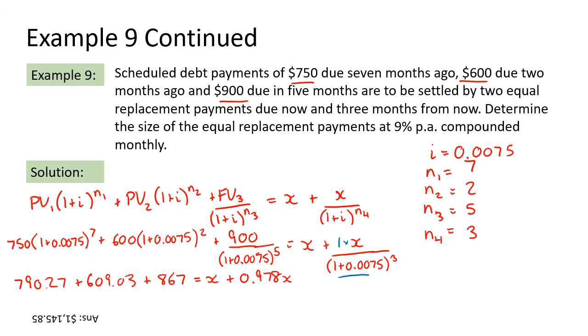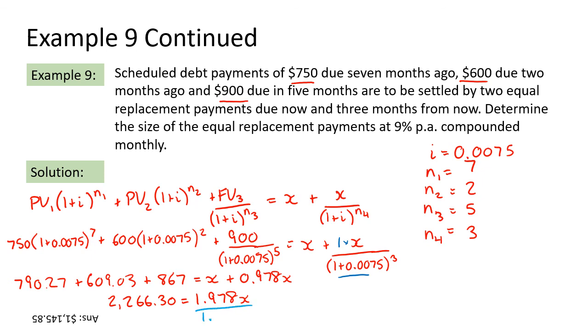So now I'm going to simplify this further to have the one number on the left, and since both the terms on the right side of the equation just have x, I can also simplify those. So what you end up with, if you add them up, $790.27 plus $609.03 plus $867, you get $2,266.30, and that equals 1.978 times x, right? I just added those two terms together. So now to solve it using algebra, we need to have x by itself because x is the payments.